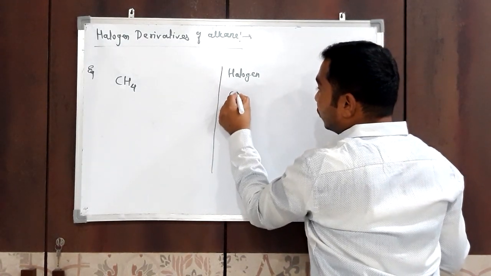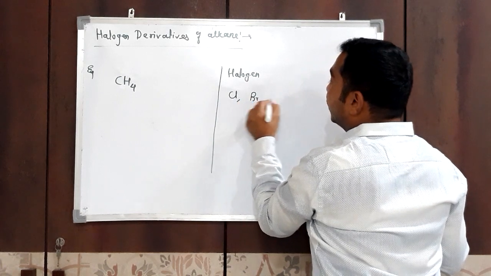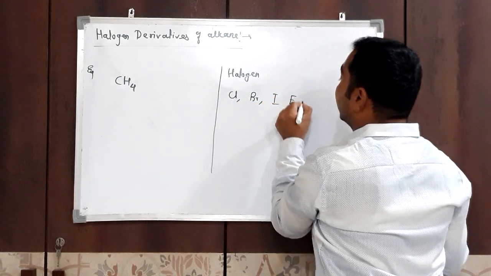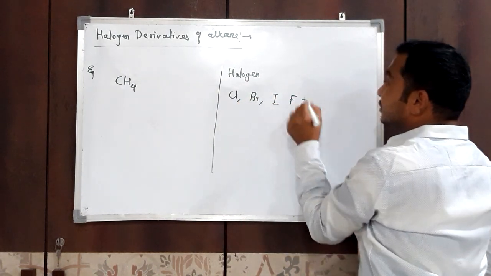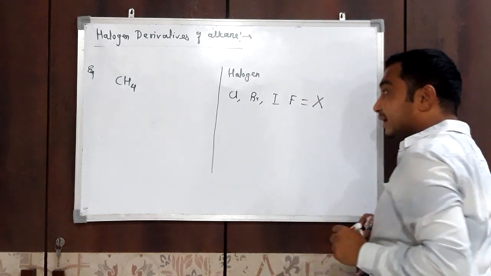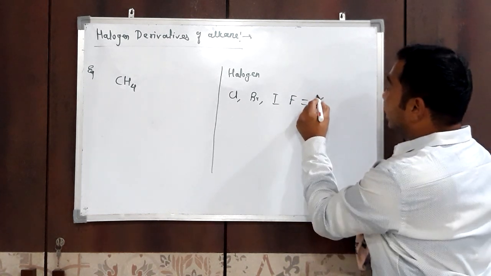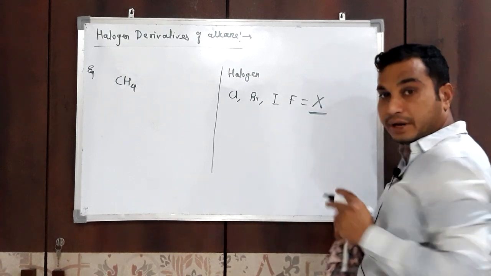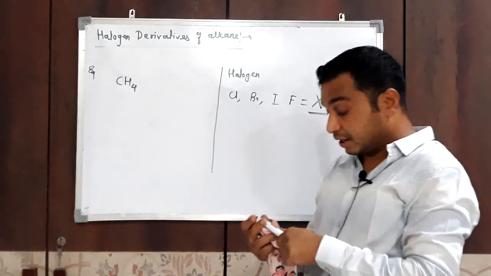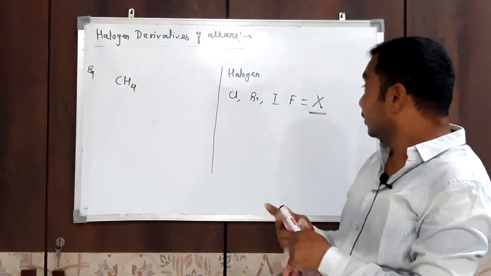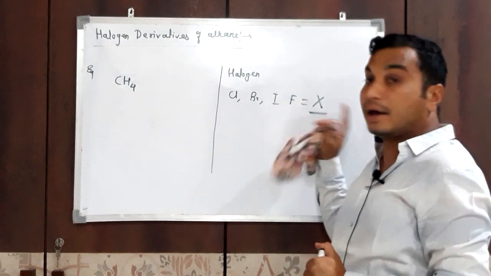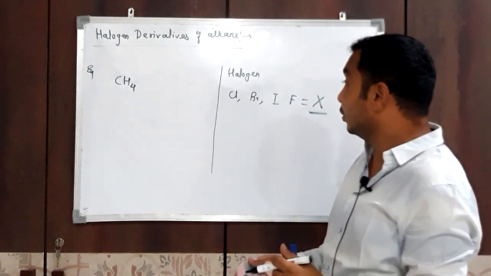For example, chlorine, bromine, iodine, fluorine, these elements are considered as halogens, and commonly these elements are represented by capital X. Capital X stands for halogen. It may be chlorine, bromine, iodine or fluorine. That is the meaning of halogen.